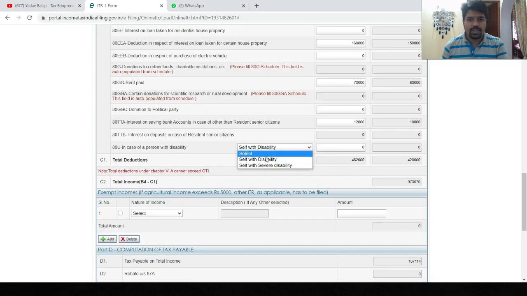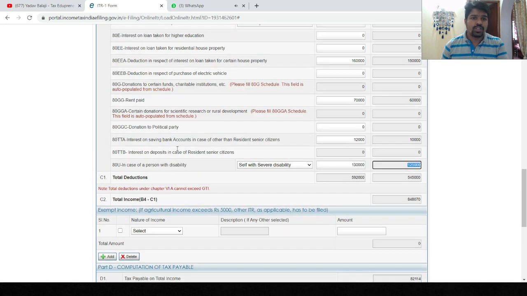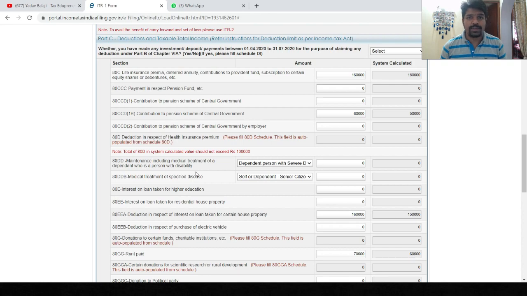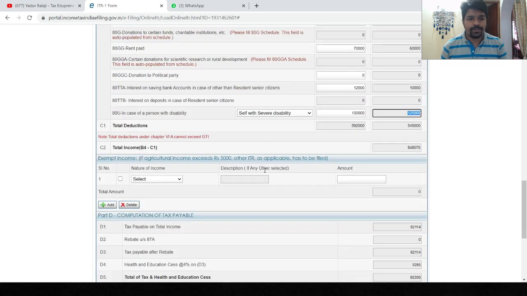So say now selecting normal, up to 75,000 we can claim. And in the same case if I say it's affected more, then up to 1,25,000 I can claim. So this is all about the deduction part, and if you have any question on the deduction part, you can comment below.